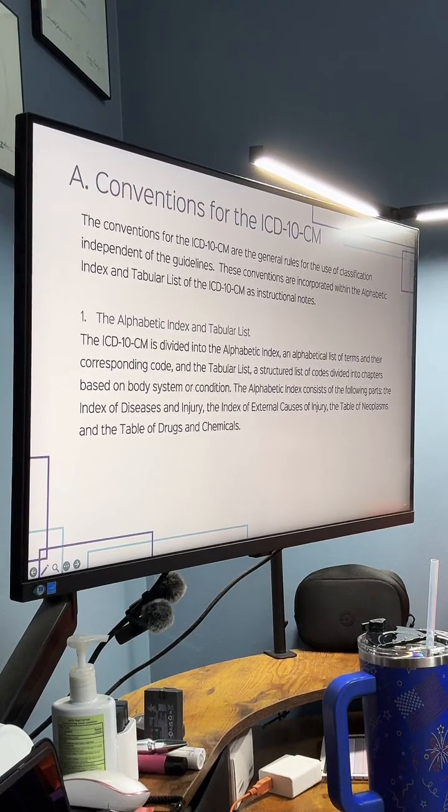The ICD-10-CM is divided into the alphabetic index, the alphabetic list of terms and their corresponding codes, and then the tabular list, which is a structured list of codes that is divided into chapters based on body system or conditions. The alphabetic index consists of the following parts. You have the Index of Diseases and Injury, the Index of External Causes of Injury, the Table of Neoplasms, and then the Table of Drugs and Chemicals.